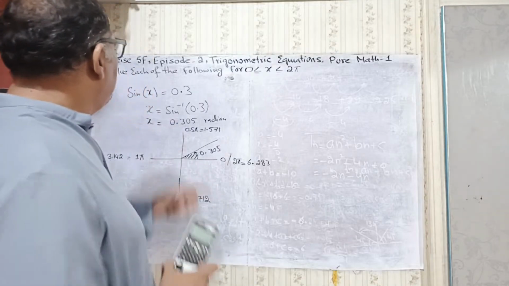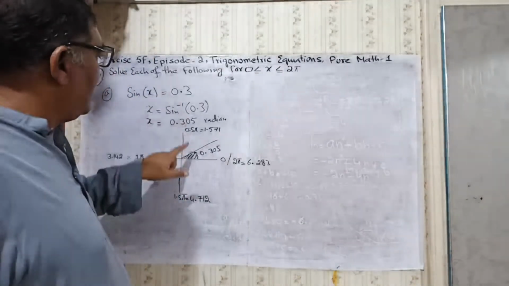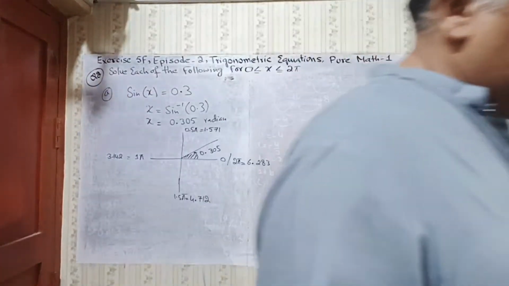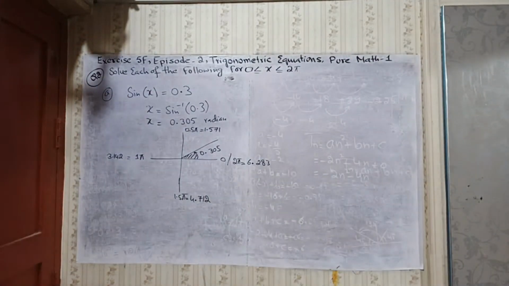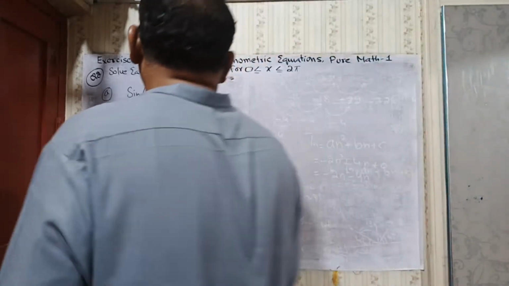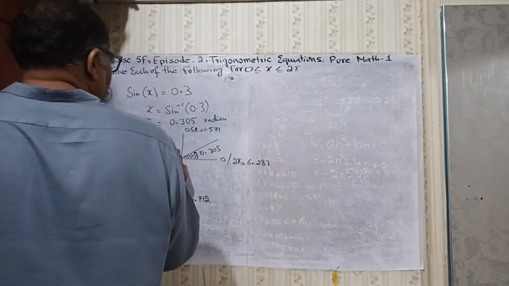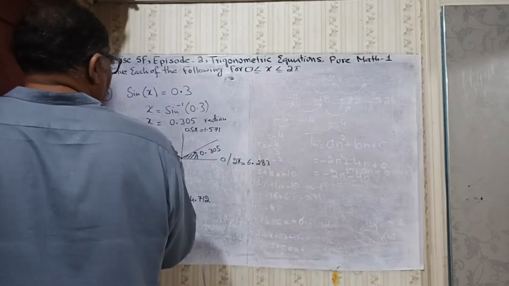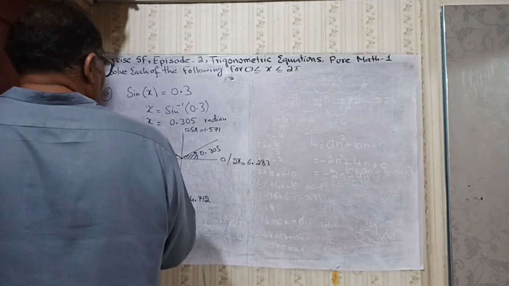Because sine x is positive, the sine is positive in the first quadrant and in the second quadrant. In the second quadrant, the base angle will be 0.305 on this side also, because the sine is positive.